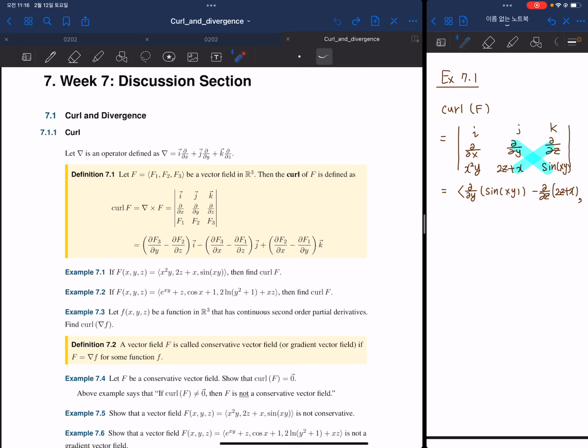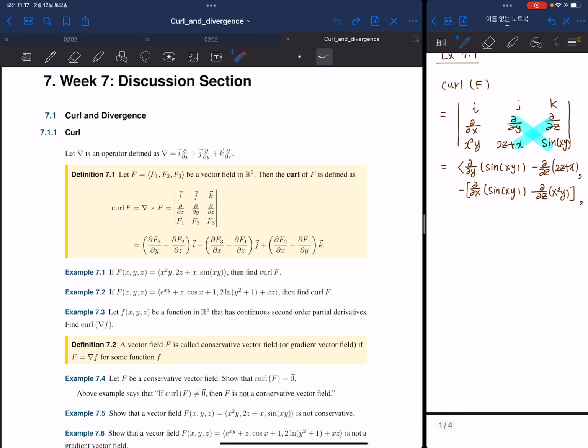And then here, the second coordinate is, you can say, negative ddx of sine xy, and then minus ddz of x squared y. And then the third coordinate is just the ddx of 2z plus x, and then here minus ddy of x squared y.